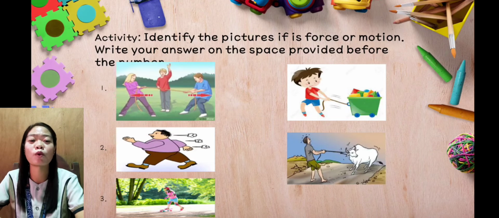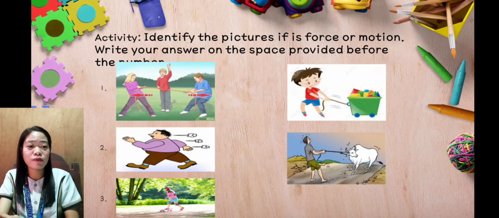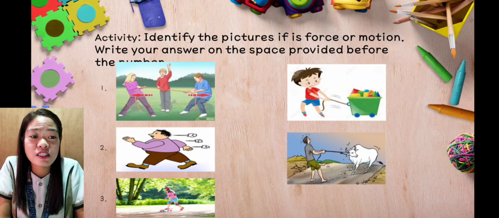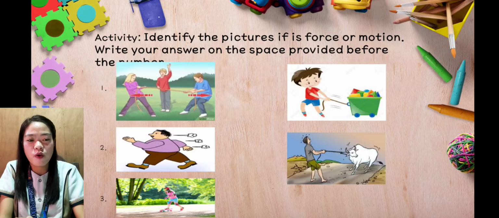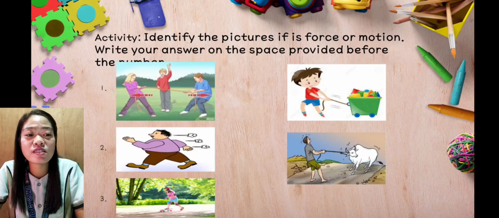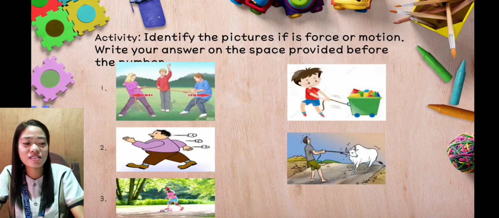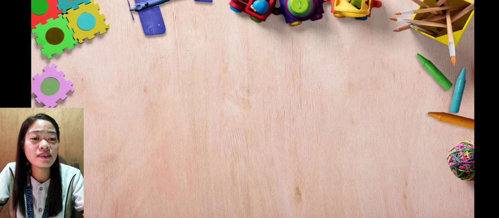It is motion. And for the number 4, what did you observe? The boy is pulling his toys. So, the answer is force. And for the number 5, what's the answer? It is force. Now, what is force again?